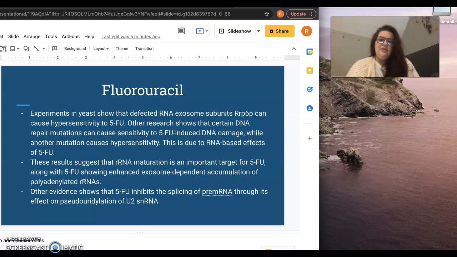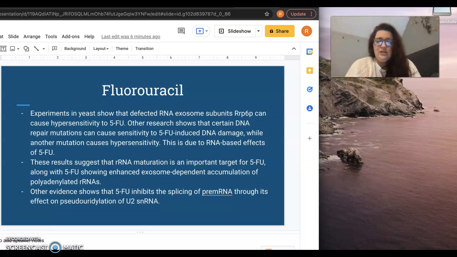When experiments in yeast have been done, it shows that defective RNA exosome subunits like Rrp6p can cause hypersensitivity to 5-FU, and other research shows that certain DNA repair mutations can cause other sensitivities to 5-FU-induced DNA damage, while another mutation causes hypersensitivity, and this is due to RNA-based effects of 5-FU.